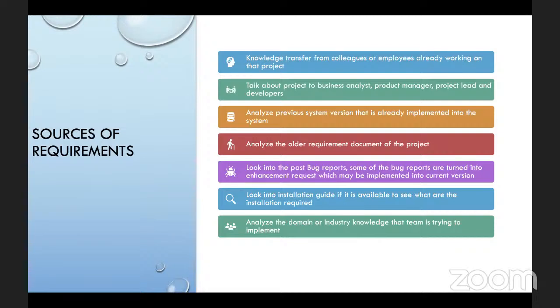Another source to look at is past bug reports or defect reports. Some of the features that we'll be building are a result of an issue that was discovered previously, or way back, right? If an issue gets discovered, you say, okay, there's an issue here, and sometimes we turn it into an enhancement.